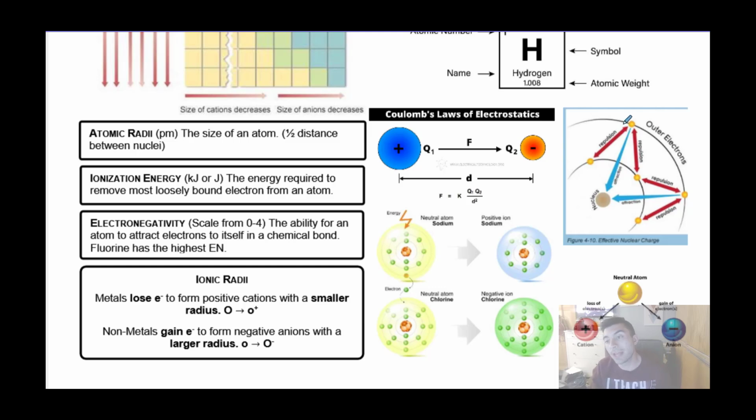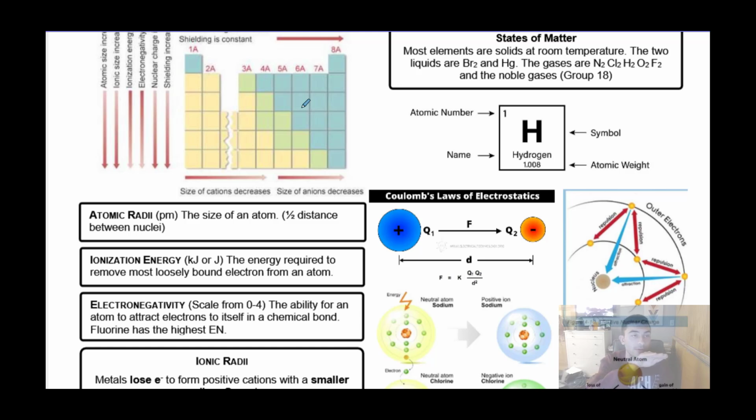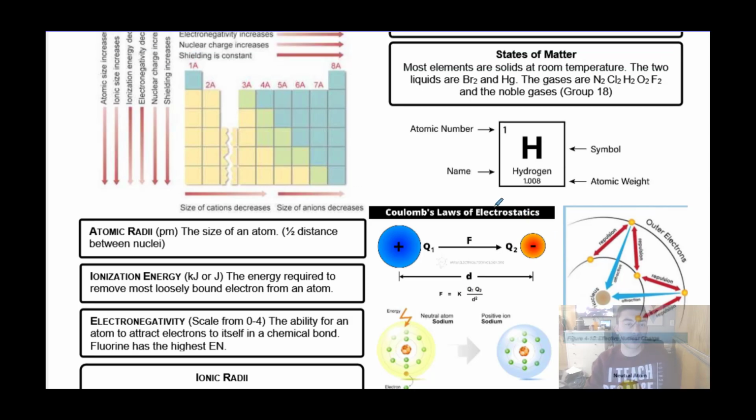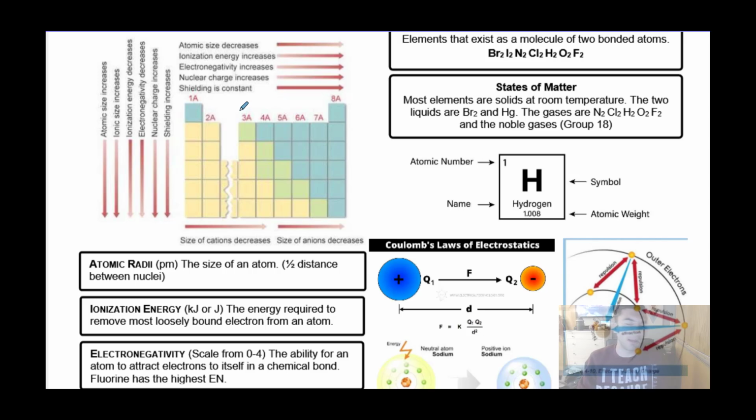And the idea of shielding is that the core electrons are getting in the way of the nucleus's attraction for the valence electrons, right? So if we look in the table, I believe I just said it changes left to right, but that is not correct. The shielding is constant there because the core electrons are staying constant.